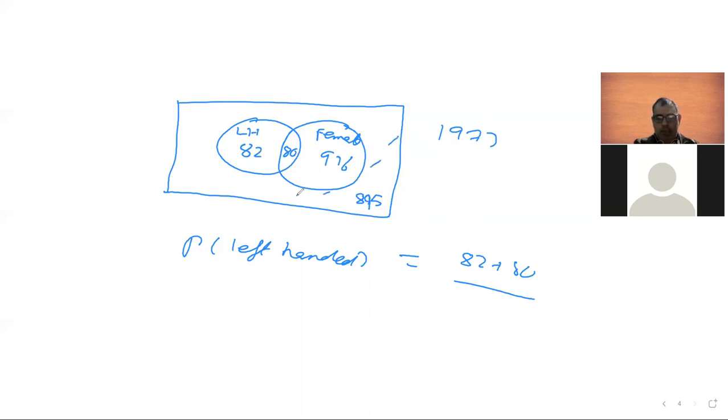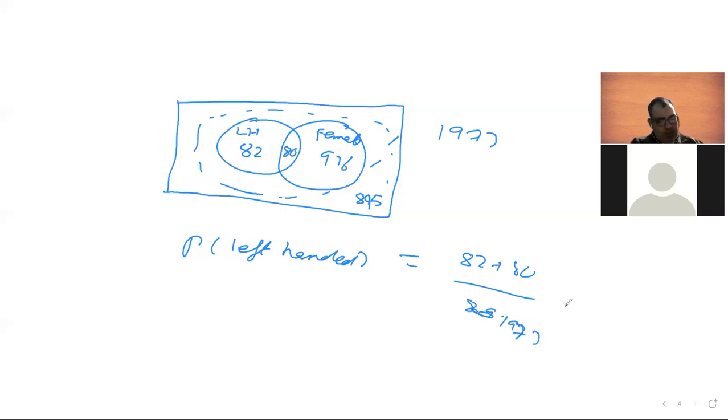So this area outside is not left-handed, nor female, nor even the intersection of left-handed and female. So P of left-handed will be equal to 82 plus 80 divided by, sorry, 1973.